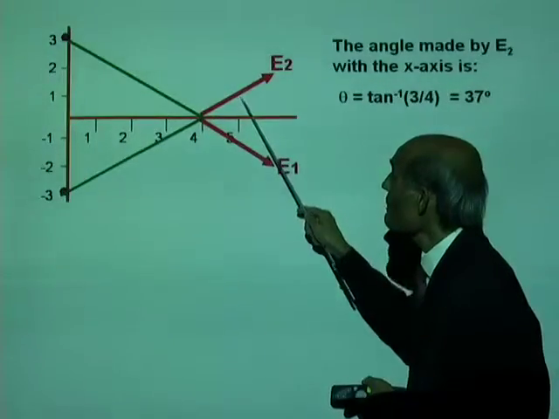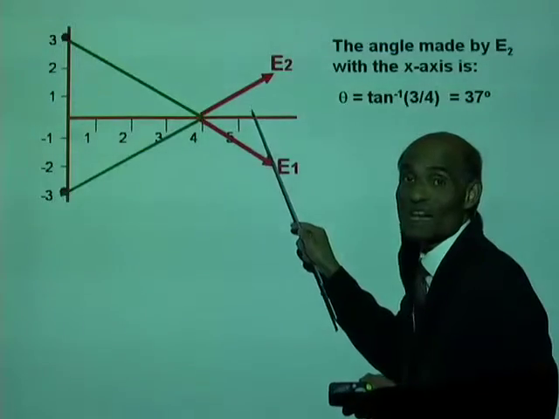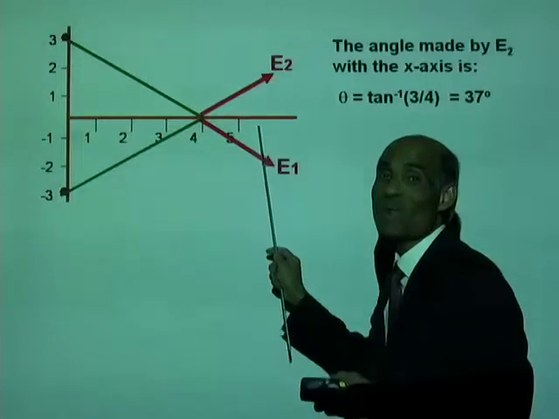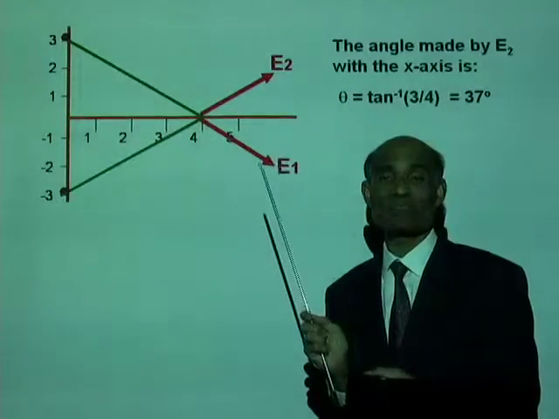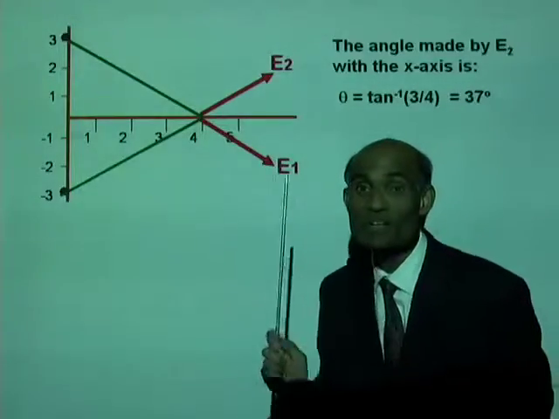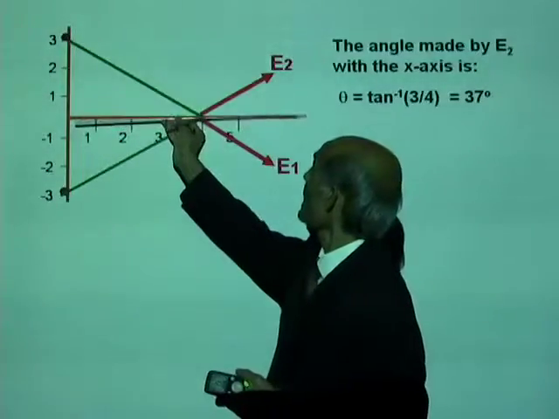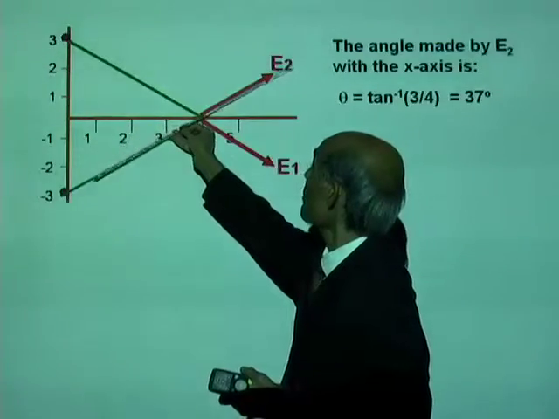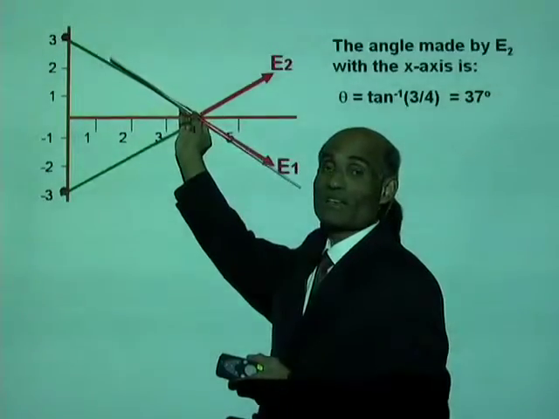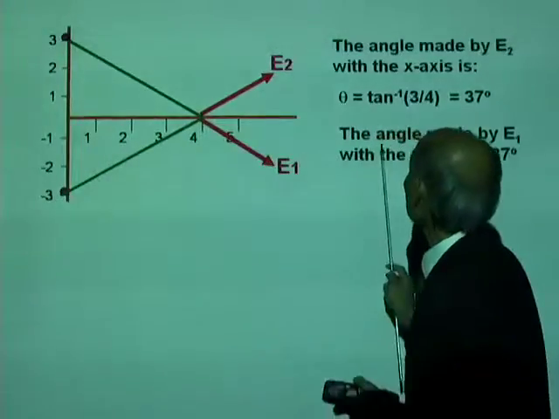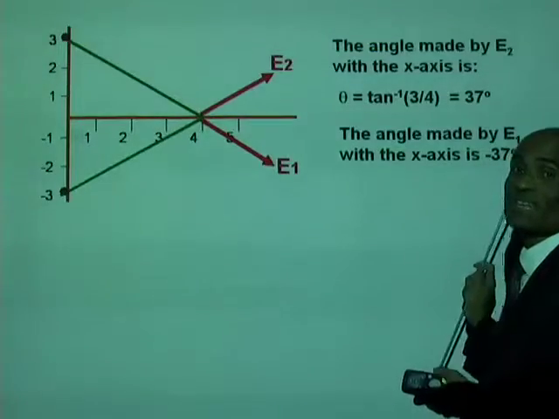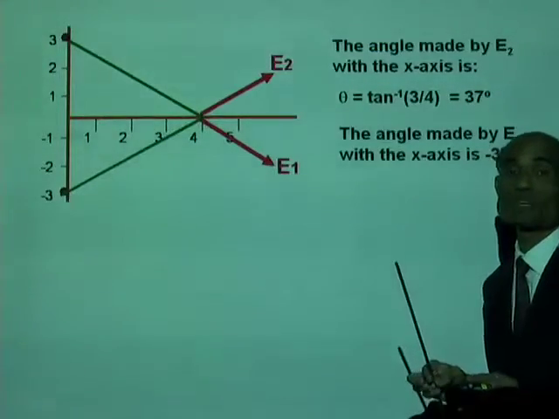So if the angle made by E2 with the x-axis is 37 degrees, what is the angle made by E1 with the positive x-axis? That will be negative 37 degrees, because the angle made by E2 is a positive angle. The angle made by E1 is a negative angle. The angle made by E1 with the x-axis is then negative 37 degrees.